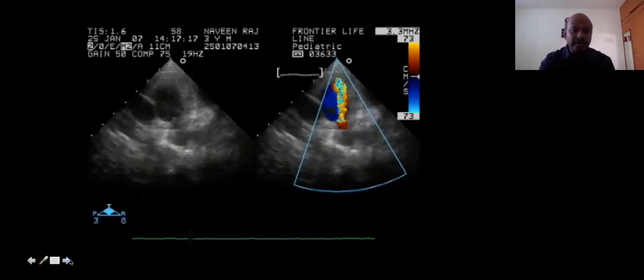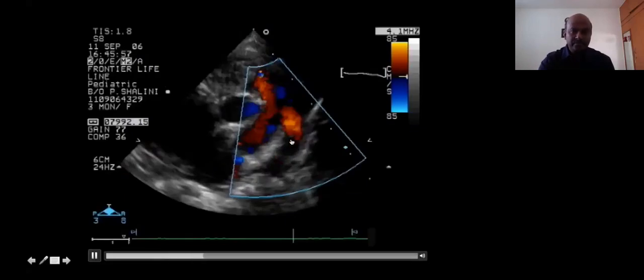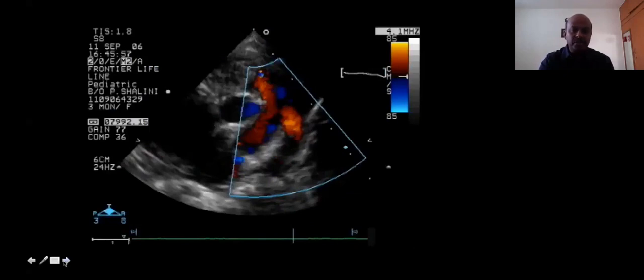So that would again indicate that it's a restrictive shunt with low pulmonary artery pressures. So here is a flow which is non-turbulent, wide. Again, just the color flow tells you that the pulmonary artery pressures are quite high, and the gradient is likely to be low.